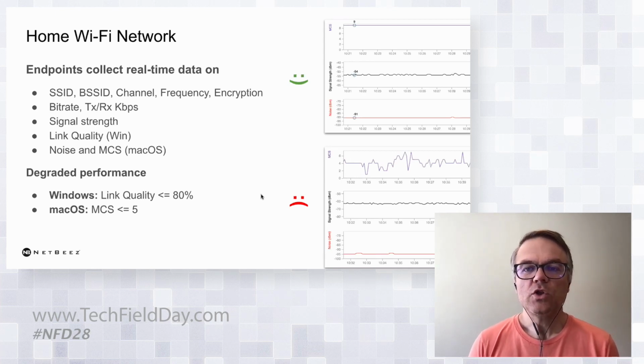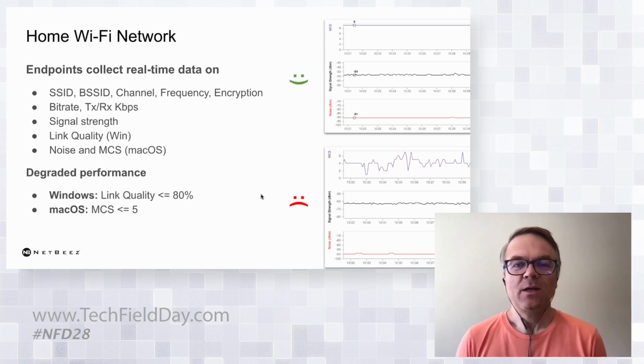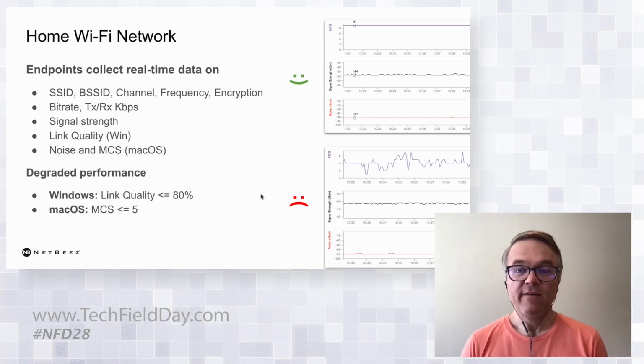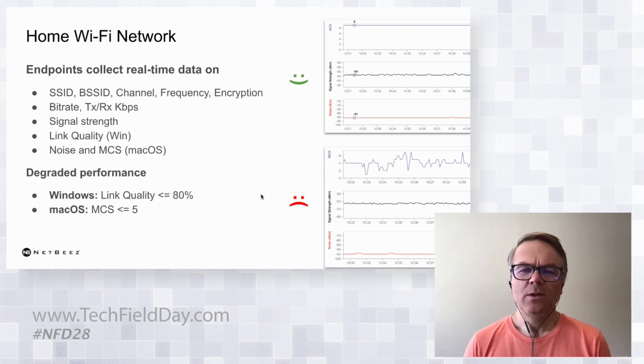And with those, you can identify if a user is on a strong Wi-Fi connection or not. By surveys we've done, we see that around 30% of root cause problems are coming from Wi-Fi. And for example, we see that if the link quality on Windows is lower than 80% or the MCS below 5, that means that your Wi-Fi is subpar, right?